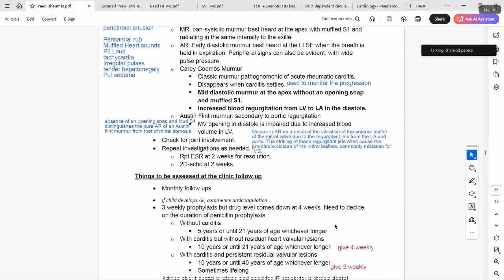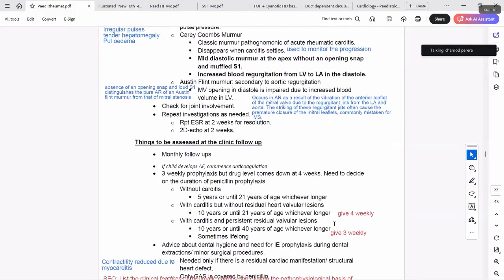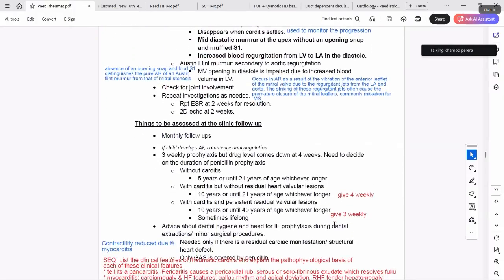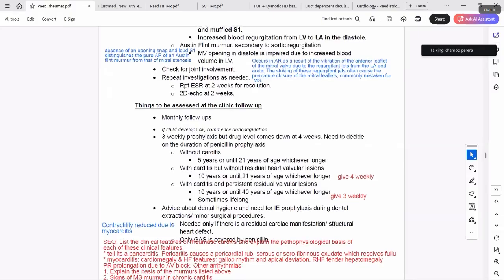So once this patient is discharged from the hospital and returns to the clinic, what are the other things that you need to do in the clinic follow-up? So you need to continue the penicillin prophylaxis. This is how the penicillin prophylaxis should be continued in patients with rheumatic fever. Usually we bring the patient every 3 weeks, right?